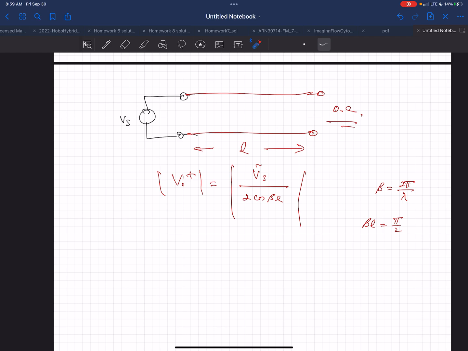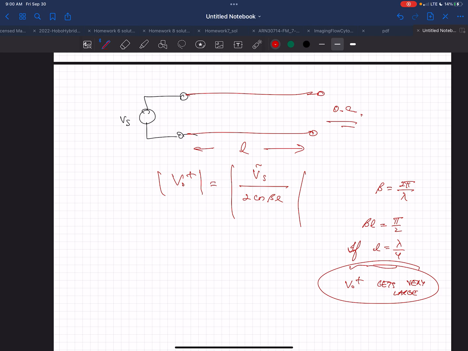Beta is 2 pi over lambda, so if L is lambda over 4, for a very specific length of transmission line, for the case of an open circuit transmission line, V sub 0 plus gets very large. Okay, it won't go to infinity, but we'll talk about it later.